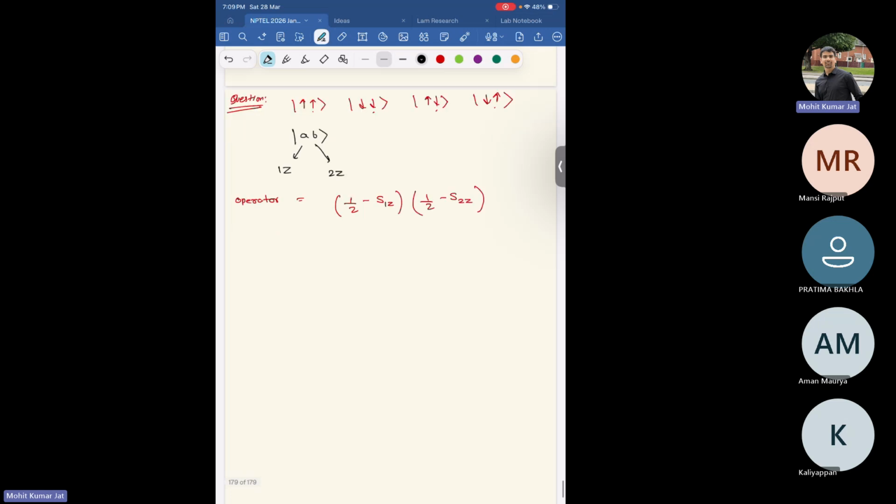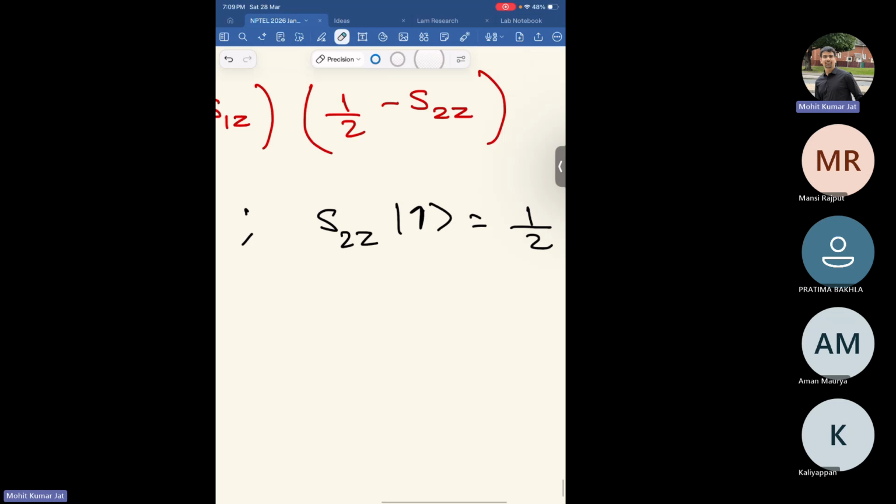If S1Z operates on a spin up, it gives us half. If it operates on the spin down, it gives minus half. That's very obvious. Similarly, S2Z, if it operates on spin up, also gives plus half, and on the down spin it gives minus half.